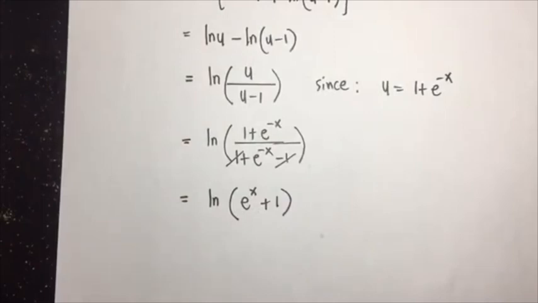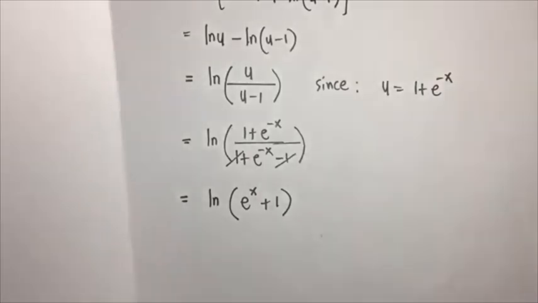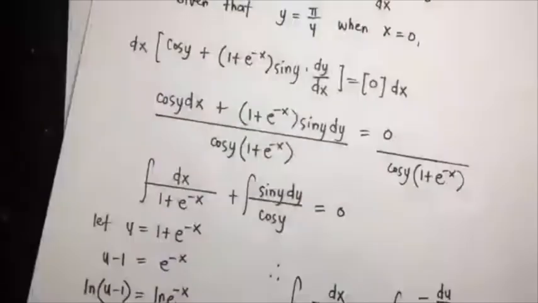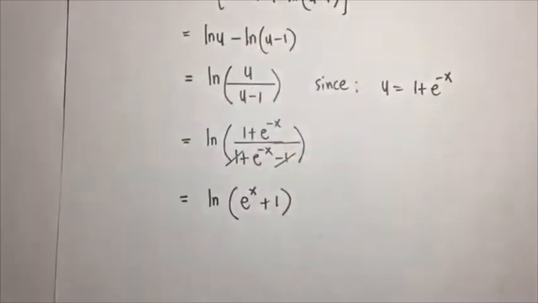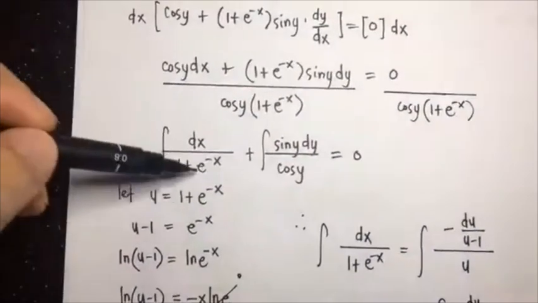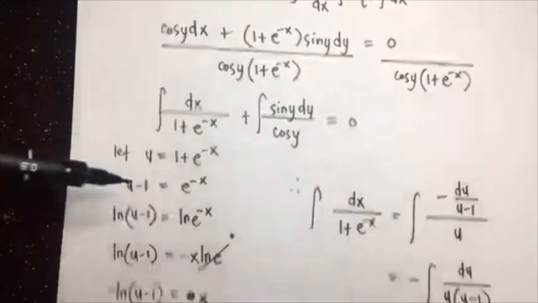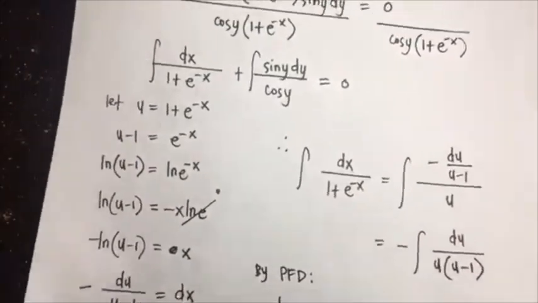Okay, so that was actually a very simple answer. We were not expecting that. If we had rewritten this as 1 over e to the x, then we could have avoided the substitution.